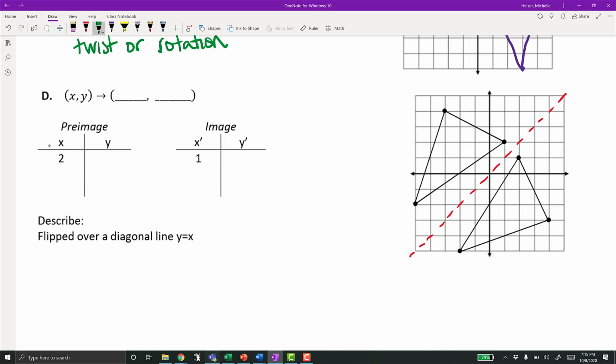So this says my pre-image has an x value at 2, and I see a point at x equals 2, and it's at 1. So my y value is 1, and I'll color that in. And then I'm going to fill in the rest of these points. So 4, -3. And then I need to do this one, -2, -5.